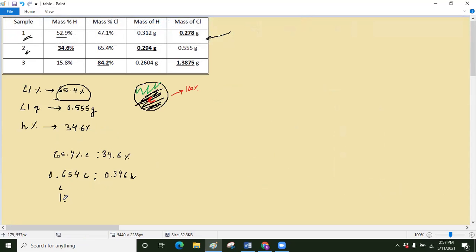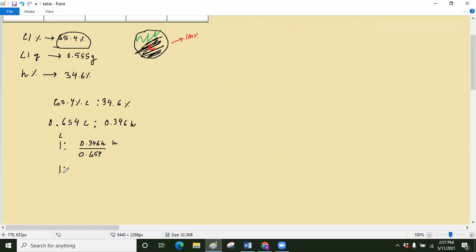For every 1 gram of chlorine, we will have 0.346 hydrogen divided by 0.654. And this, of course, will be hydrogen. So for every 1 gram of chlorine, we're going to have this amount. If you were to divide this amount, you'd get 0.529 grams of hydrogen. So for every 1 gram of chlorine, we have this much hydrogen.